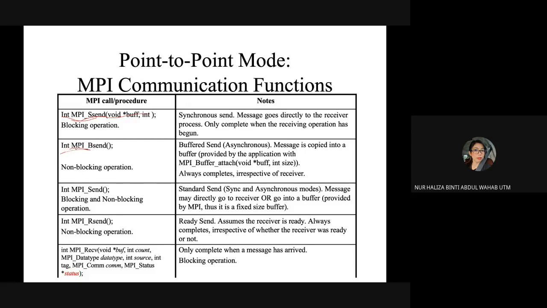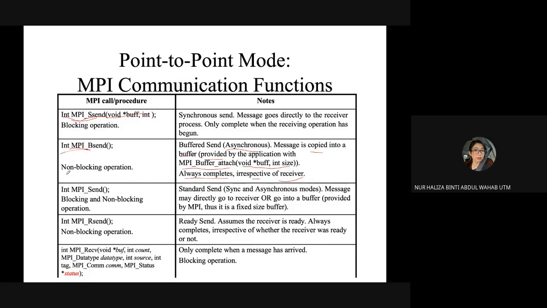So under MPI send, which is unsynchronized, the message is copied into a buffer which is provided by the application. With MPI buffer attach, like this one, void buff, integer size, it always completes irrespective of the receiver.